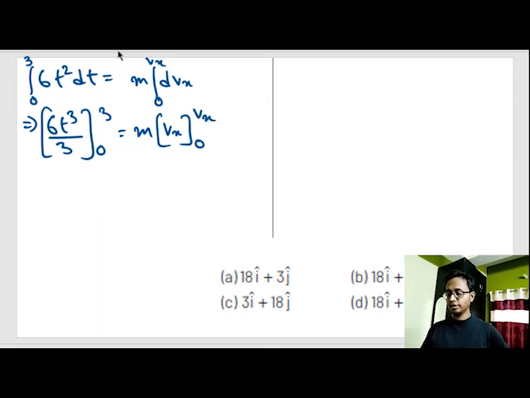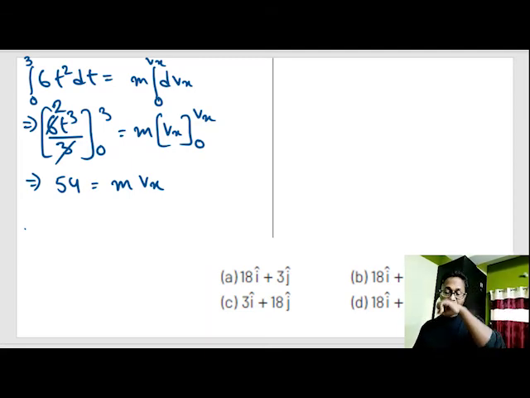We can cut this 3. So 2 into 3 cube, 3 cube is 27, and 2 into 27 is 54. 54 minus 0 is equals to m vx.